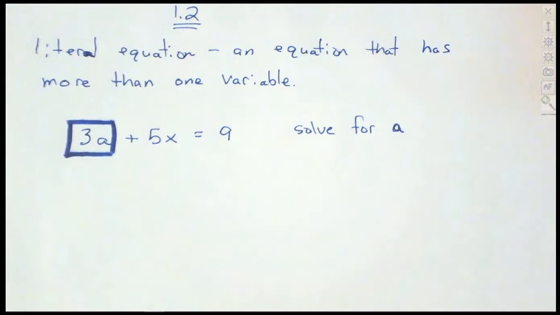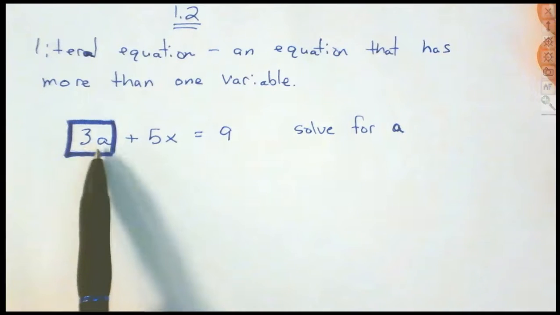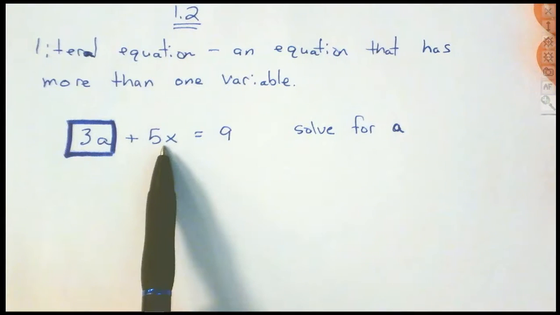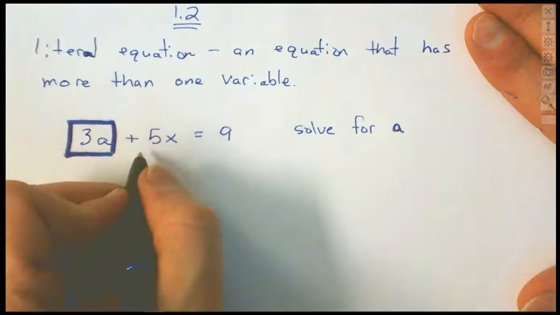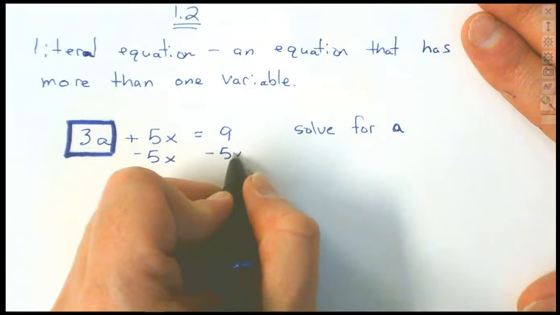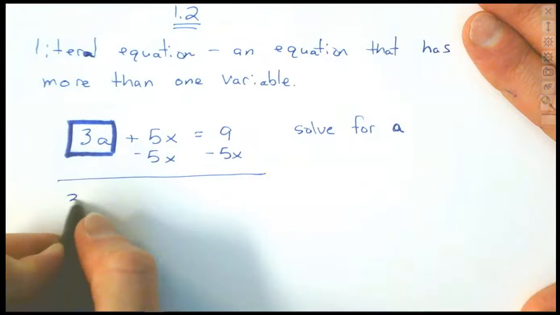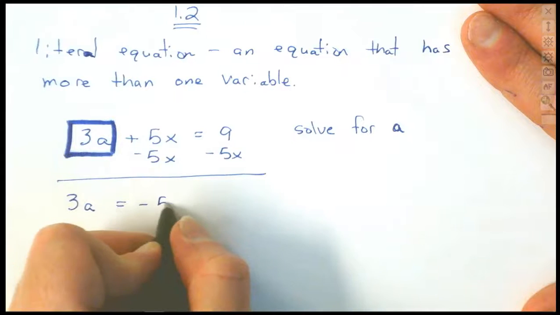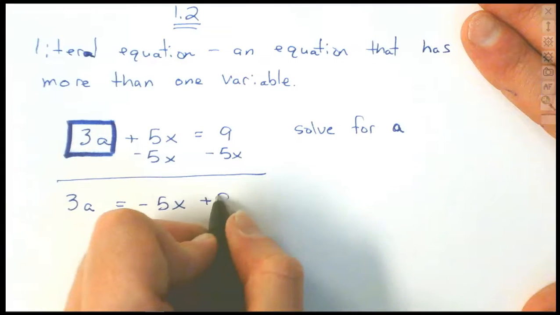So what does not belong on the left? Well, the a belongs here, right? But the 5x does not. So the first thing I'm going to do is move that 5x over. Now we've got 3a equals minus 5x plus 9.